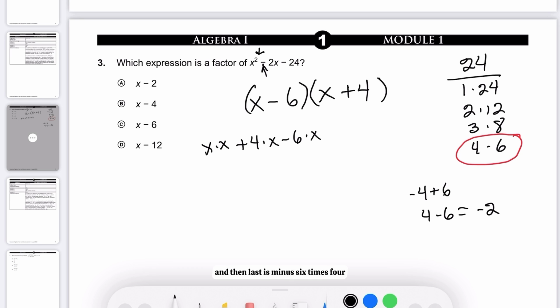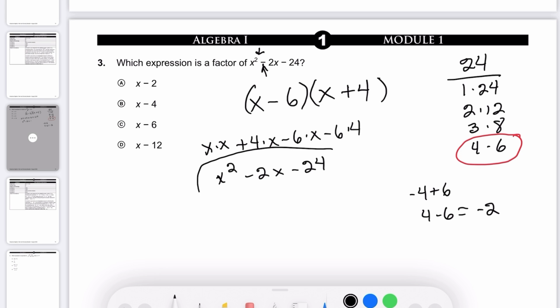And then last is minus 6 times 4. So I end up with x squared minus 2x minus 24. So that means I need to choose over here any ones that match these two. And the only one that matches is x minus 6.